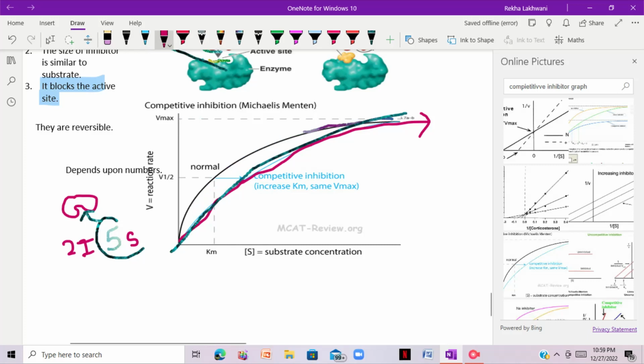It means when we divide Vmax by 2, for example, if Vmax is 5, we get 2.5, right? So now what is this Km? Basically, the point at which there is Vmax by 2, that point is known as Km, right?